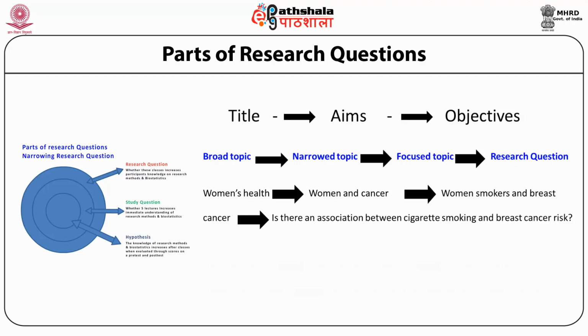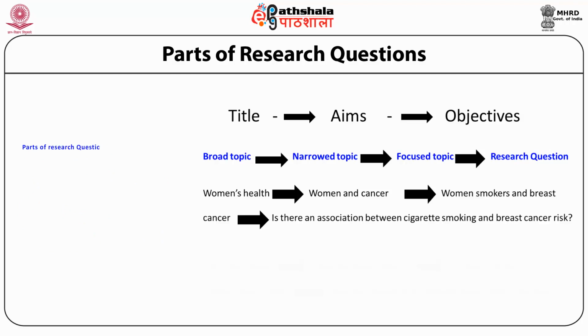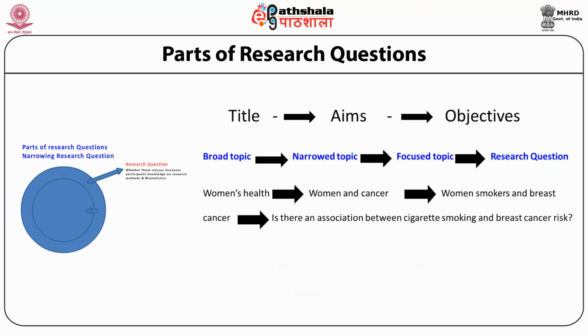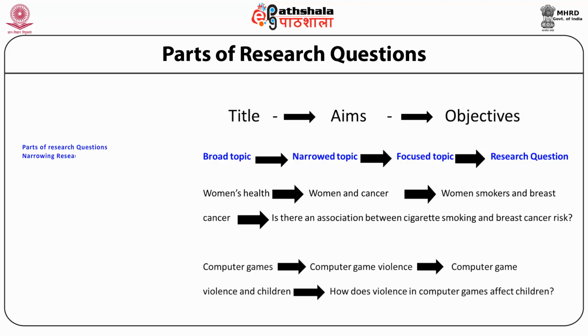Then only those women cancer cases who smoke and have breast cancer. Further we have narrowed down our area. Then the last research question will be: is there any association between cigarette smoking and breast cancer among women?